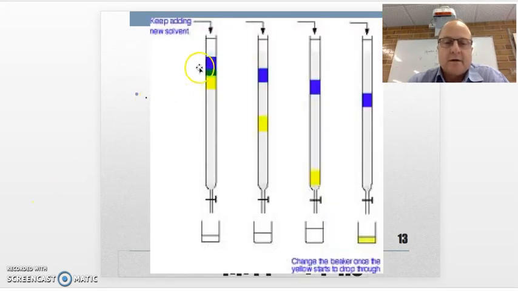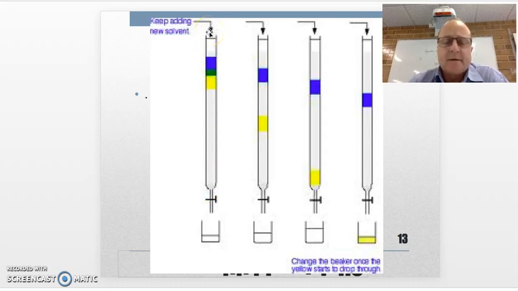So the mixture is applied here, and then the mobile phase is applied and washed through, and the mixture is carried down the tube by the mobile phase. Sorry, I did say that this is the stationary phase here. In fact, the entire column is packed with the stationary phase.